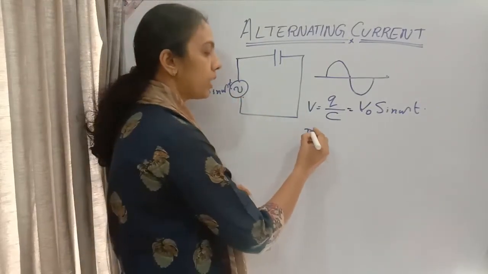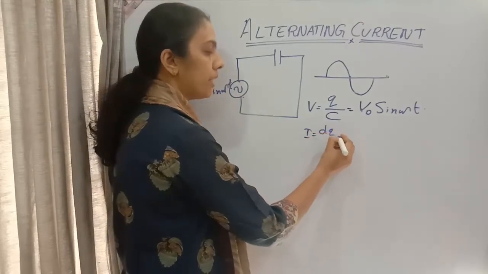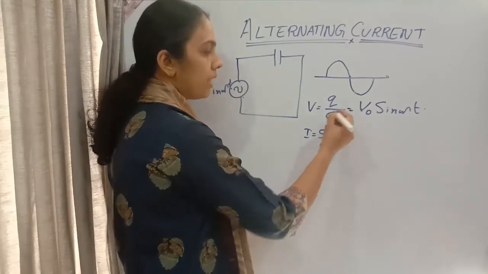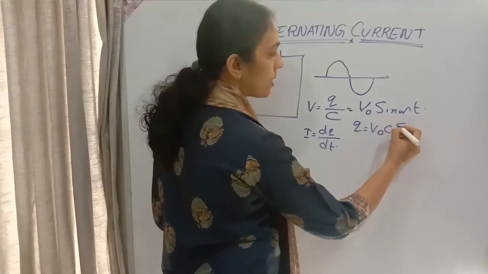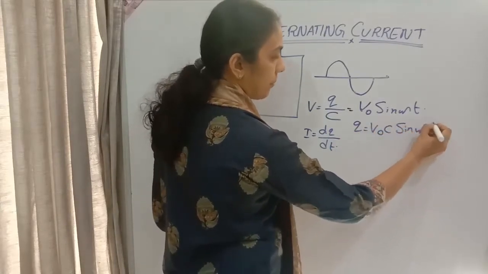I equals dQ by dt. For that, we need the value of Q. Q equals V0 C sine omega t.